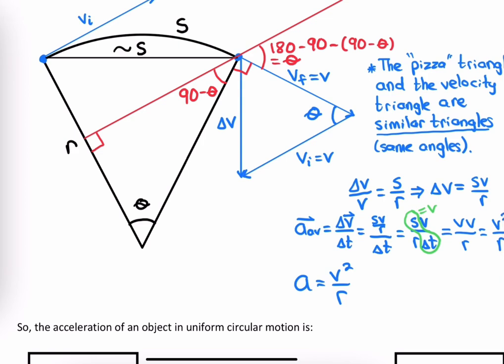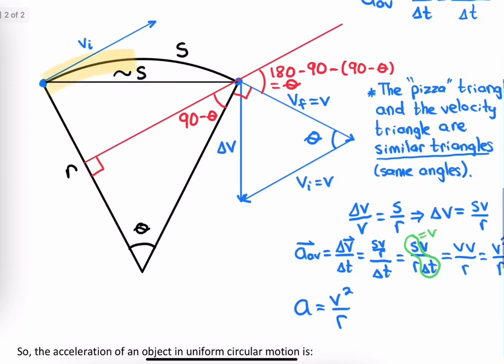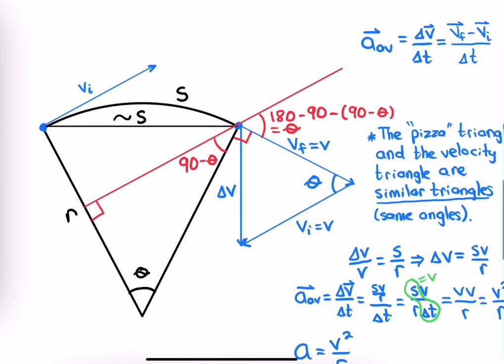We focus on an object on this top part of the circle over there, right? We just drew the top part of the circle to start this derivation. And when we found delta V, we found that it was going straight down. So if I'm near the top of the circle, delta V is straight down.